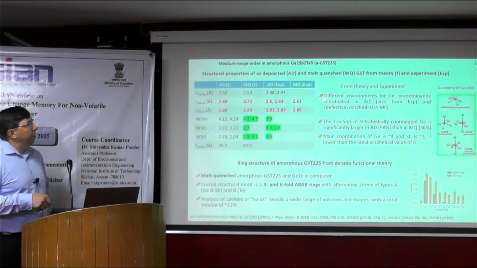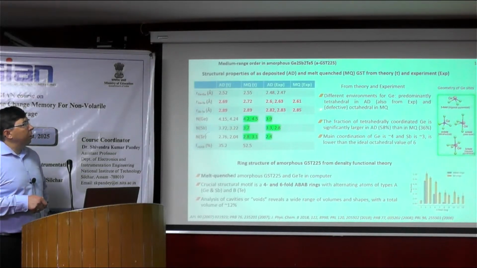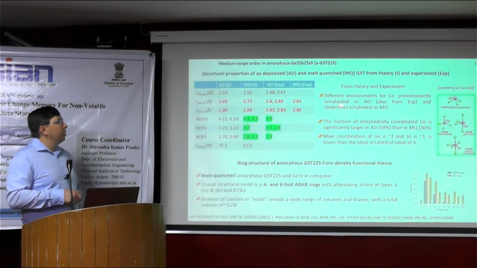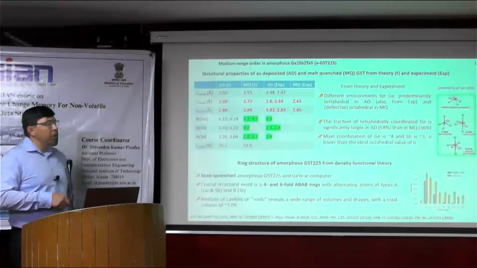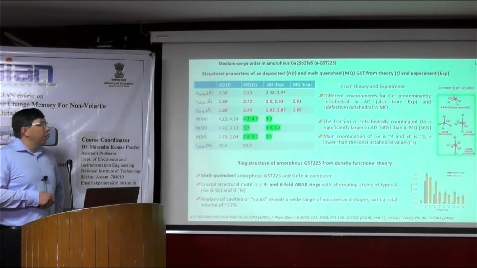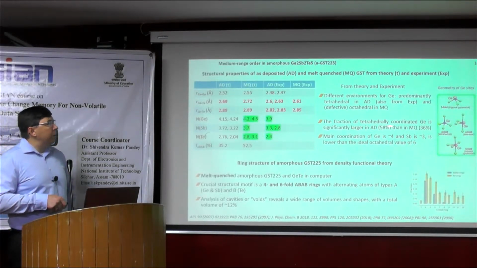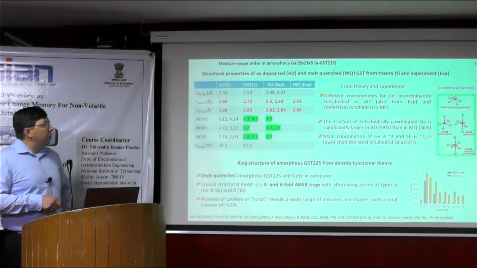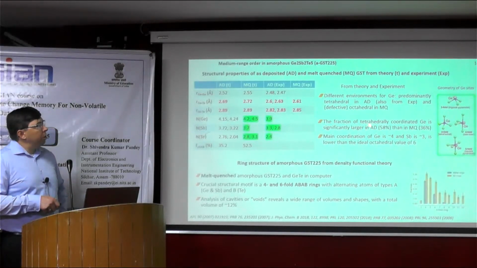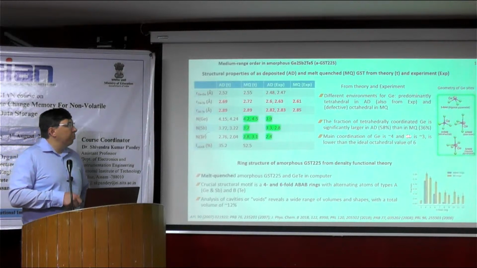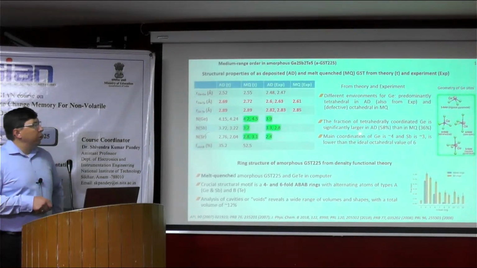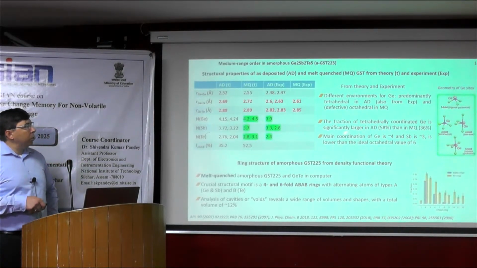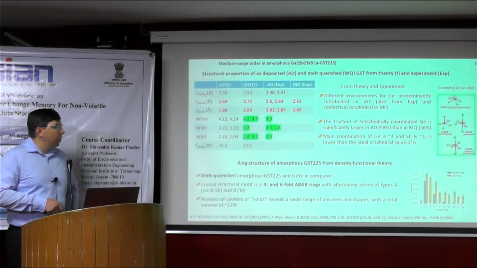For example, this is predominantly tetrahedral in as-deposited, also from experiment, and this is defective octahedral in melt-quenched. Then the fraction of tetrahedrally coordinated germanium is significantly larger in the as-deposited state than in melt-quenched, so it is reduced. The main coordination of germanium is 4 and of antimony is 3, and this is lower than the ideal octahedral value of 6.